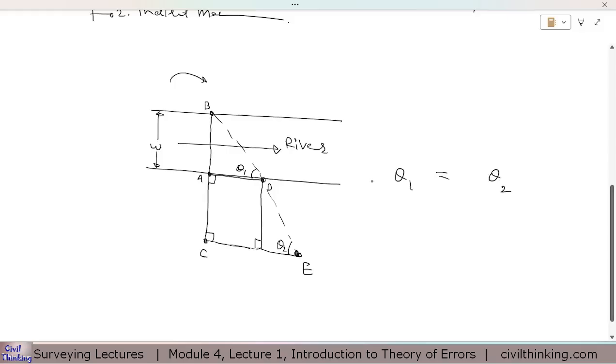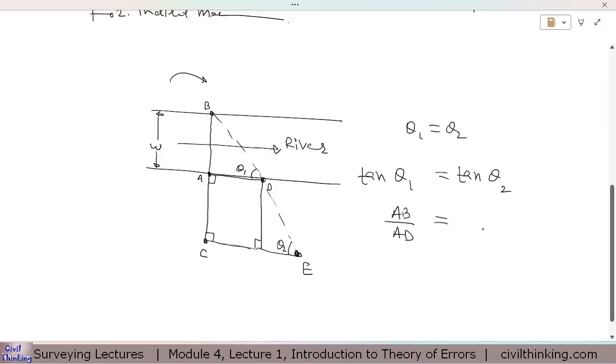It means the tangent of theta1 is also equal to the tangent of theta2. Now what is the value of tangent of theta1 from this triangle? Tangent of an angle is perpendicular divided by base. So tan theta1 is AB divided by AD.